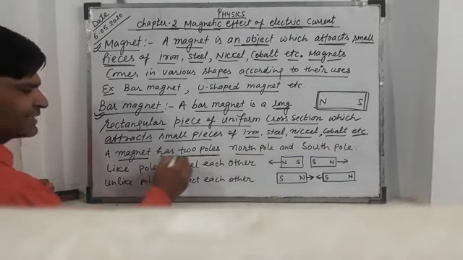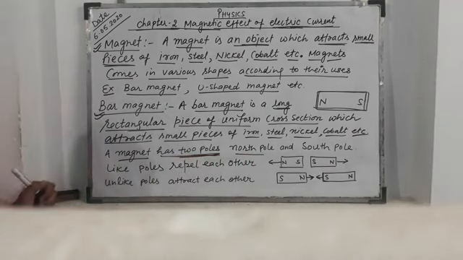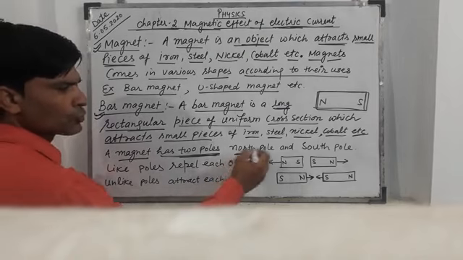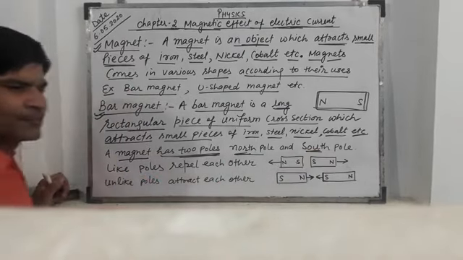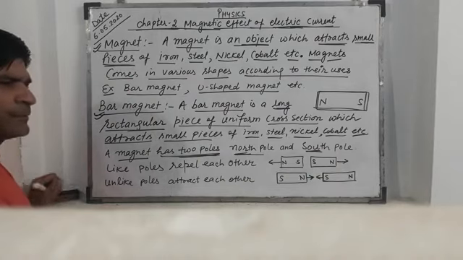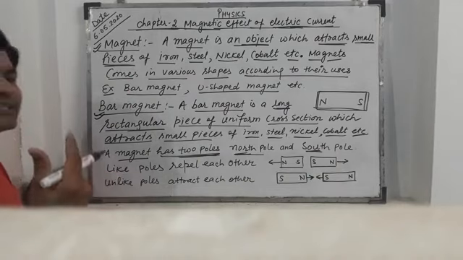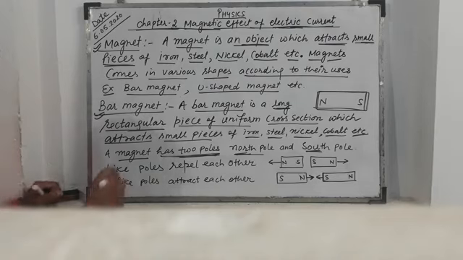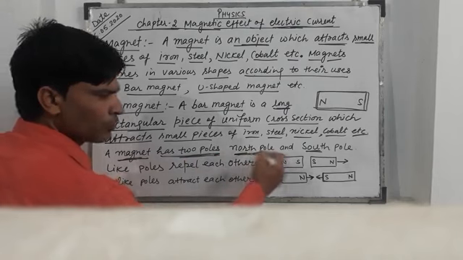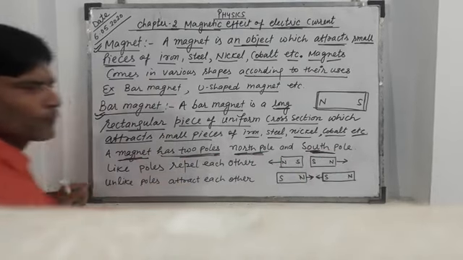A magnet has two poles. How many? Two poles, because a freely suspended magnet always rests in the north and south direction. So a magnet has two poles, north pole and south pole.